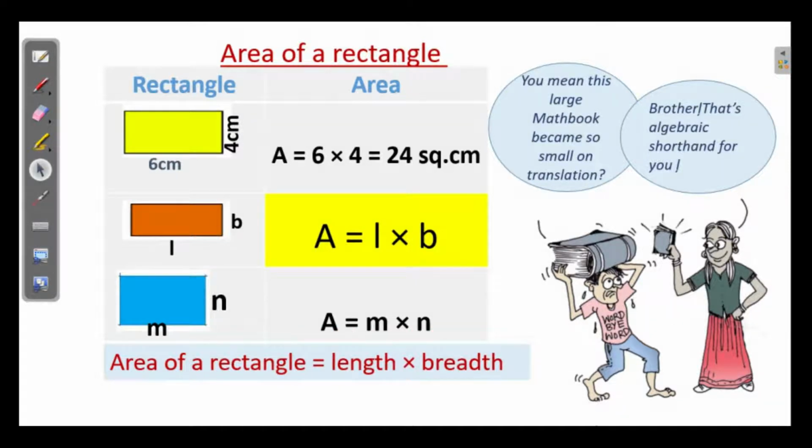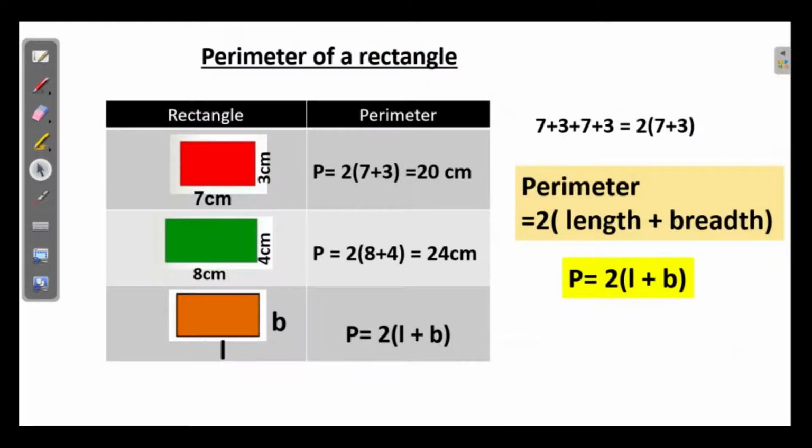And in the same way, we can say about perimeter of a rectangle. Here, what is perimeter? This length plus breadth plus this length plus this breadth. The total length around this rectangle is the perimeter.